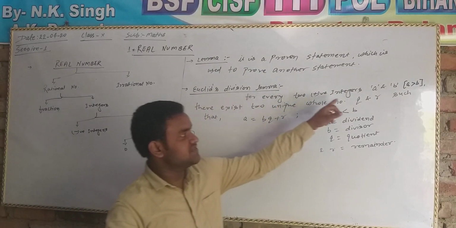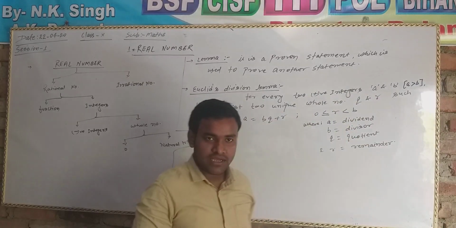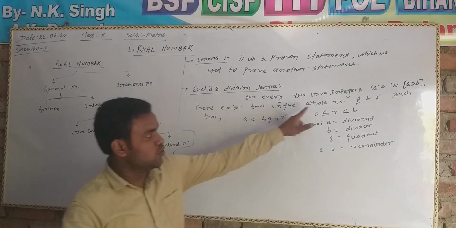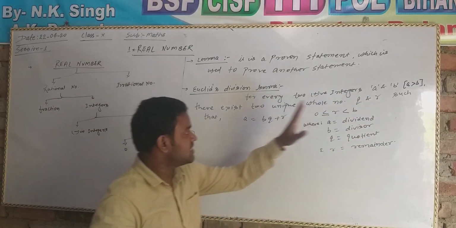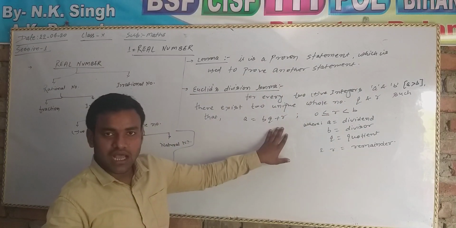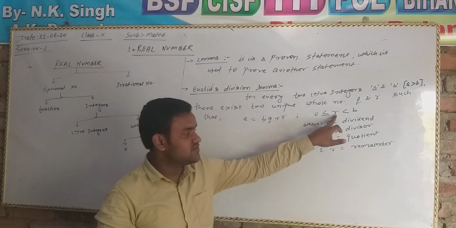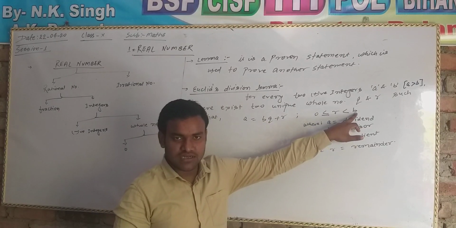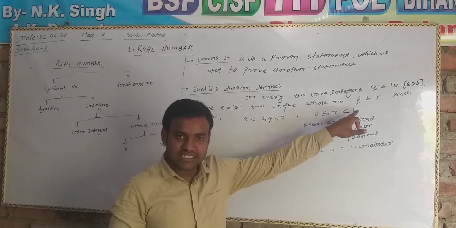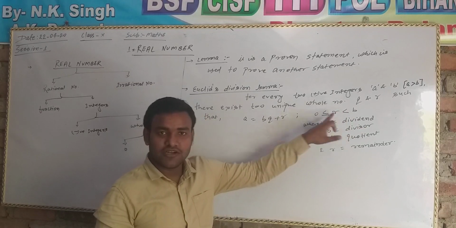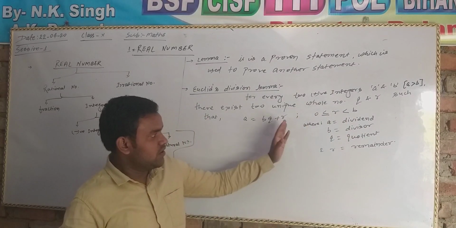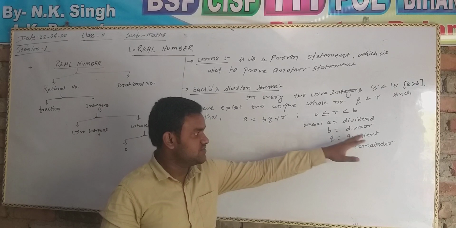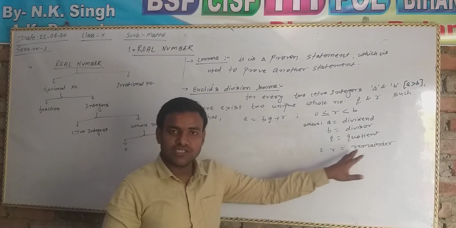For every two positive integers a and b, where a is greater than b, there exist two unique whole numbers q and r, such that a is equal to bq plus r. And this remainder will be greater than or equal to 0 and less than b, that is the divisor. As you know, the remainder is always less than the divisor, and it is greater than or equal to 0.